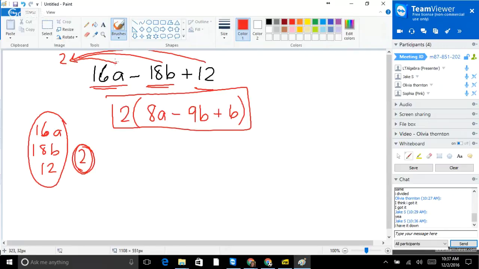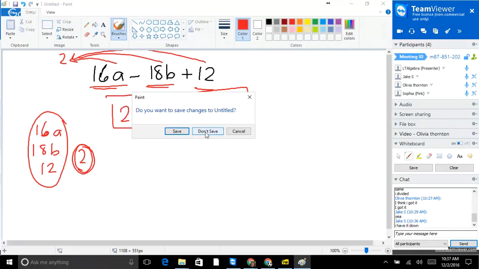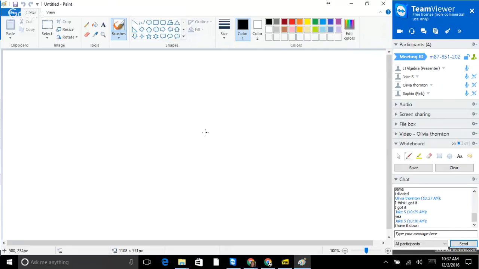All right, so let me do another one that's a little bit different. Let's see if we can do it. So we've got 9s cubed plus 15s squared. What you want to think of is, what do 9s cubed and 15s squared have in common?